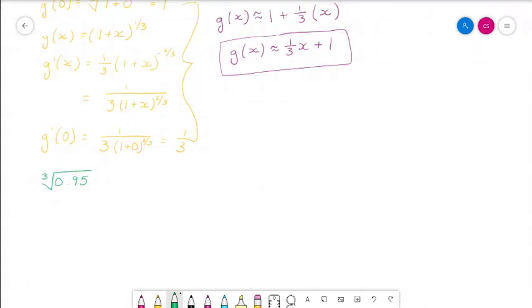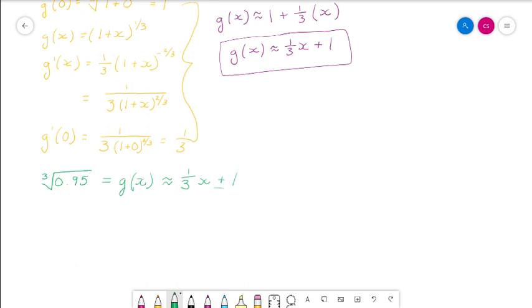If we wanted to approximate this cubed root of 0.95, well, we know what g of x is, and we know how to approximate g of x, right? We have this little shebang. So this is our train of thought. We're going to relate the cubed root of 0.95 to g of x, and then we're going to use the linear approximation to approximate it.